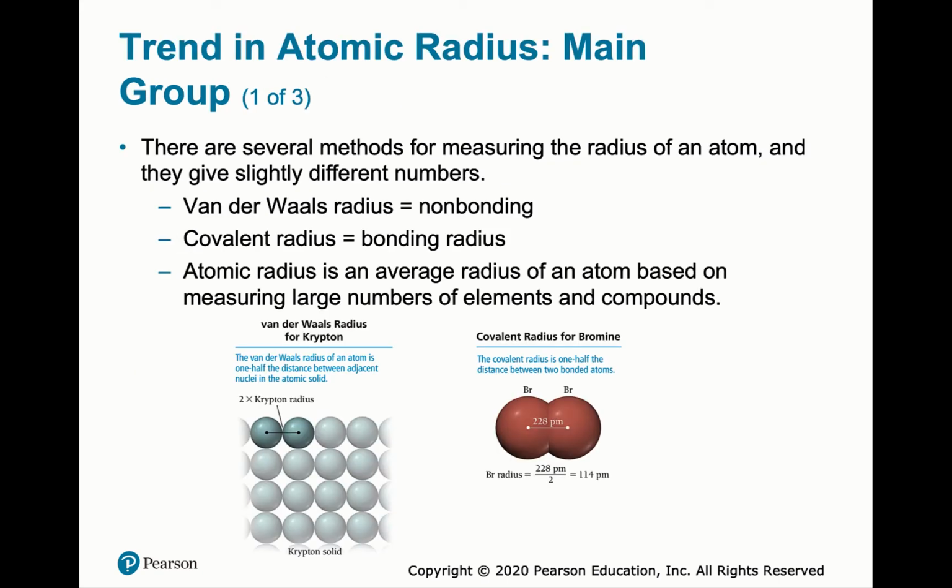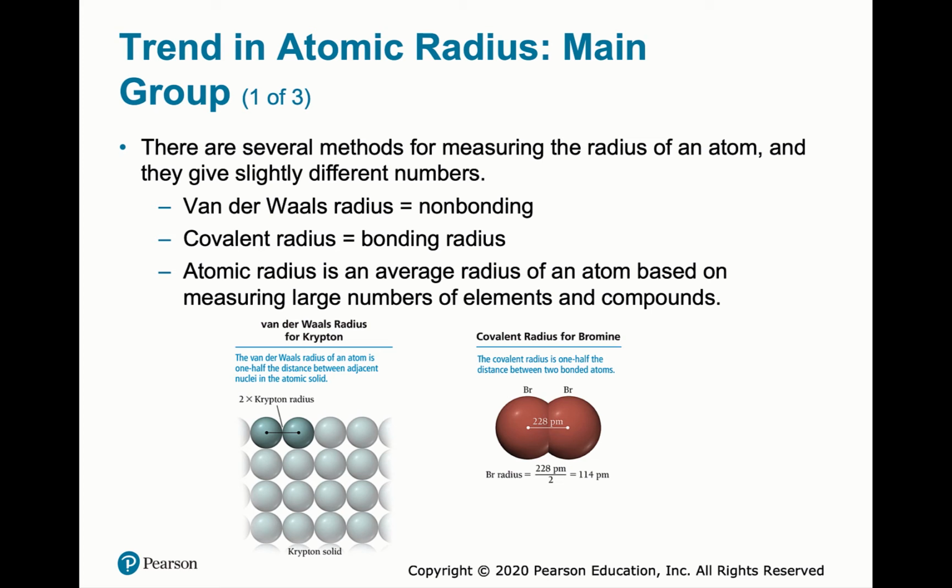Now, the periodic trend in atomic radius, mostly for the main group elements. The lanthanides, actinides, and transition metals have some other stuff going on. Atoms have an electron cloud, and the size of this electron cloud actually shrinks as you move to the right.